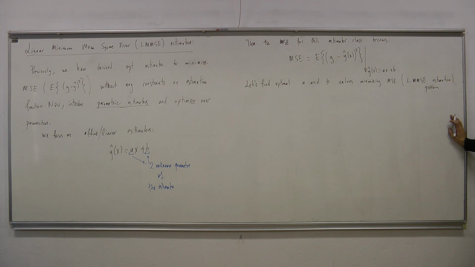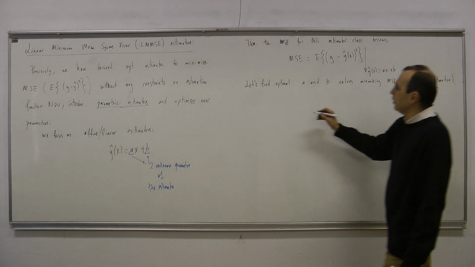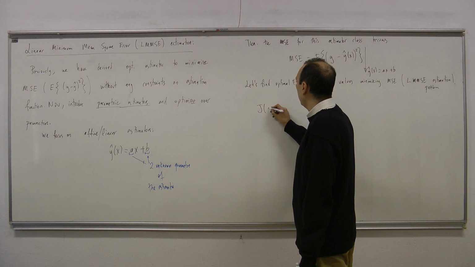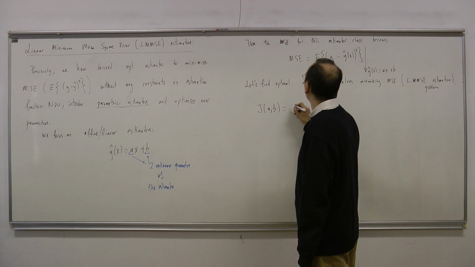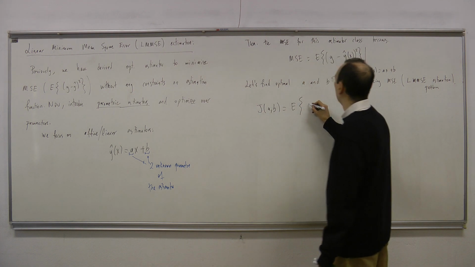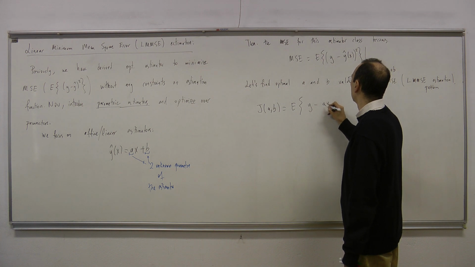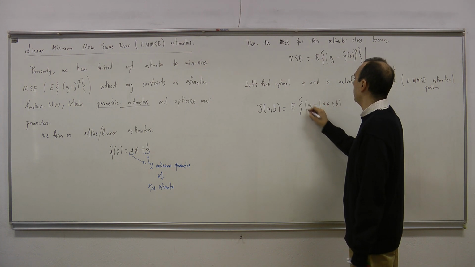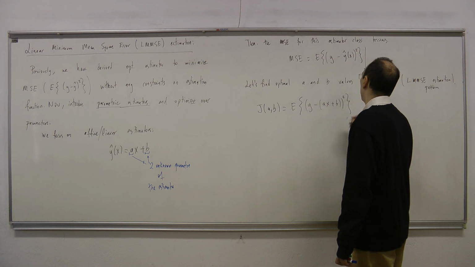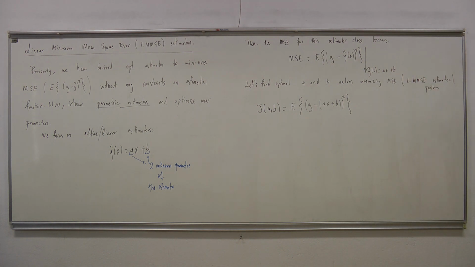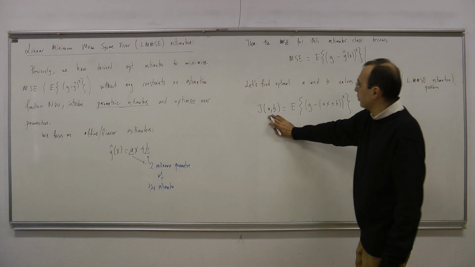So how can I do this? Well, let me define my cost function J. Cost function J is the expected value of (y minus (ax plus b)) squared. I'm an expert in such minimizations, because I have only two degrees of freedom.